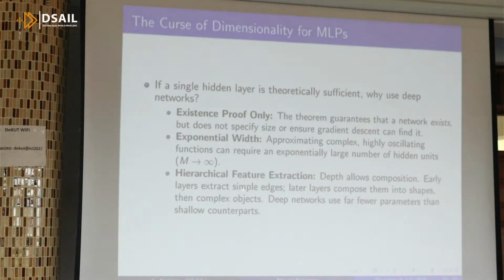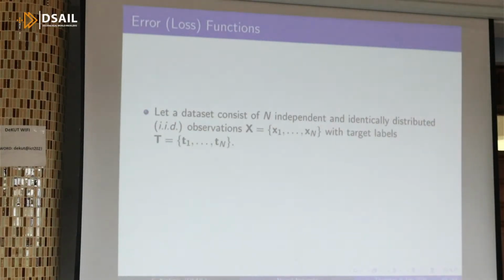Early layers might extract simple edges in the case of image processing. Later layers might compose them into shapes and then complex objects. And deep networks use far fewer parameters than shallow counterparts. Oh yes, it's possible to have a shallow network with a ridiculously large number of hidden units. That will be a network with a very large number of parameters.